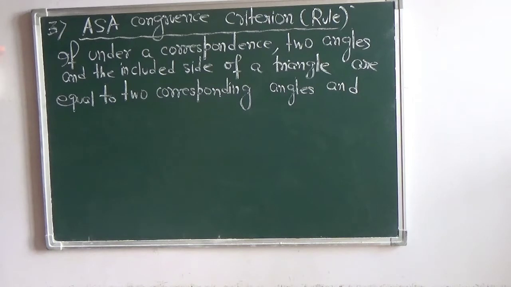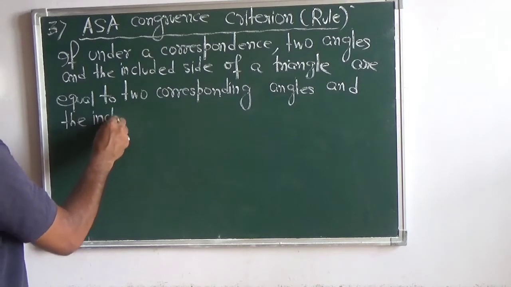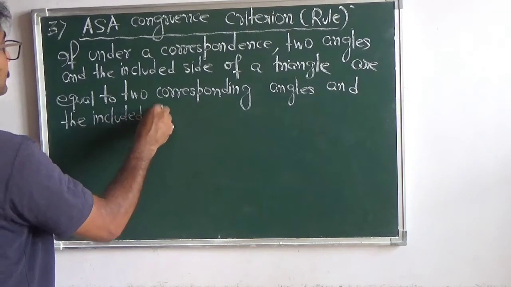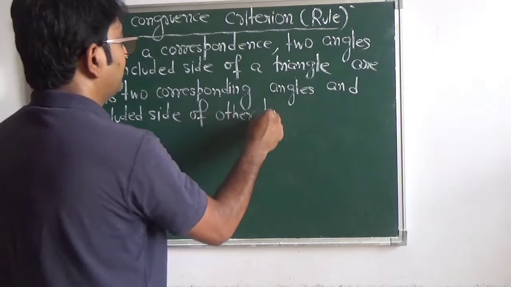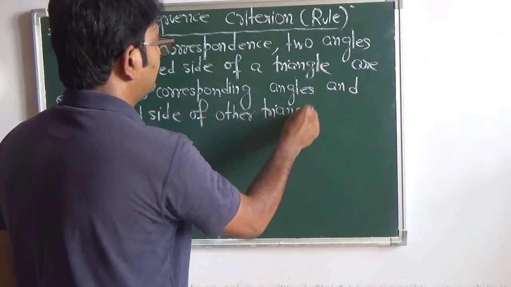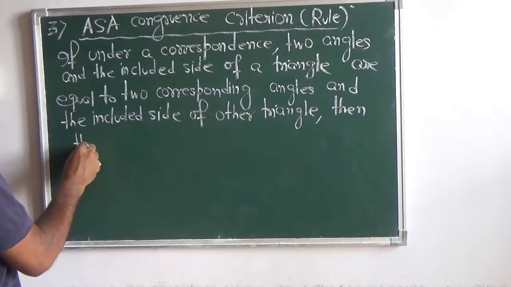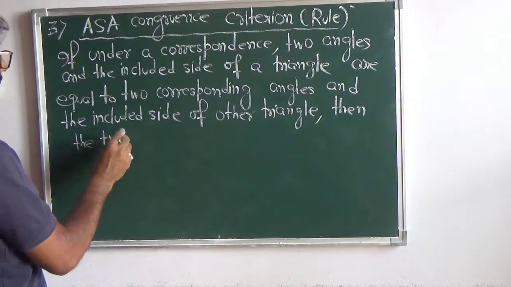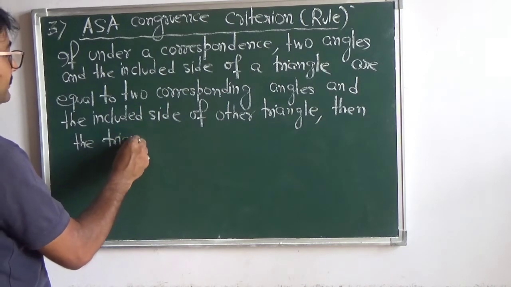So if under a correspondence two angles and the included side of a triangle are equal to two corresponding angles and the included side of the other triangle, then the triangles are congruent.